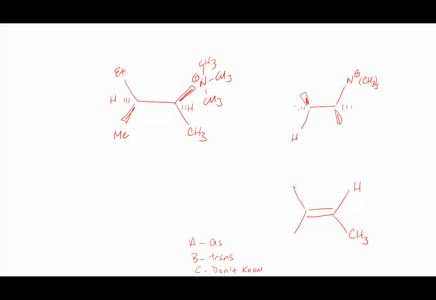So dealing with the right-hand carbon, that means that nitrogen is coming out of the board, so I just got to move it back a little bit to put it in the plane. If I move that back, the methyl group is going to come forward and the hydrogen's going to be back. So all I do is make a 30-degree rotation to get it planar.